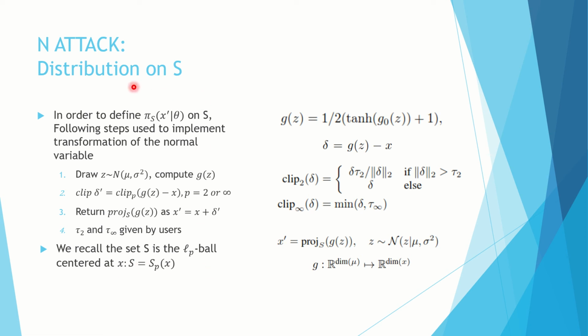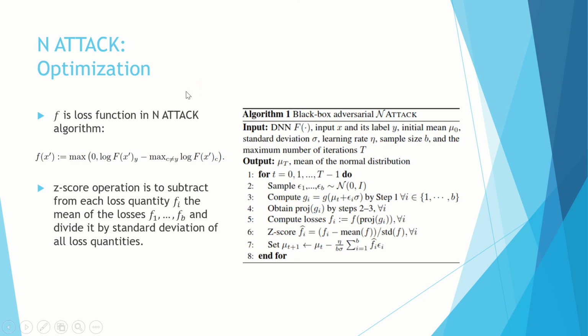When we find the distribution of S, we can move to the next step and optimize our network. The algorithm of this method is based on this one. T is the number of iterations for this algorithm.